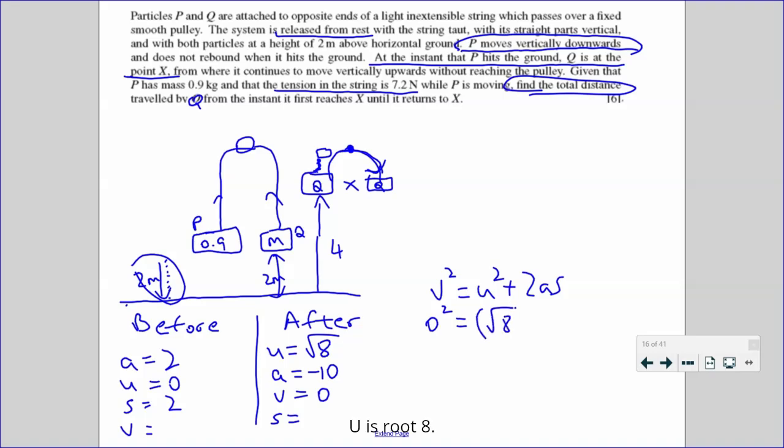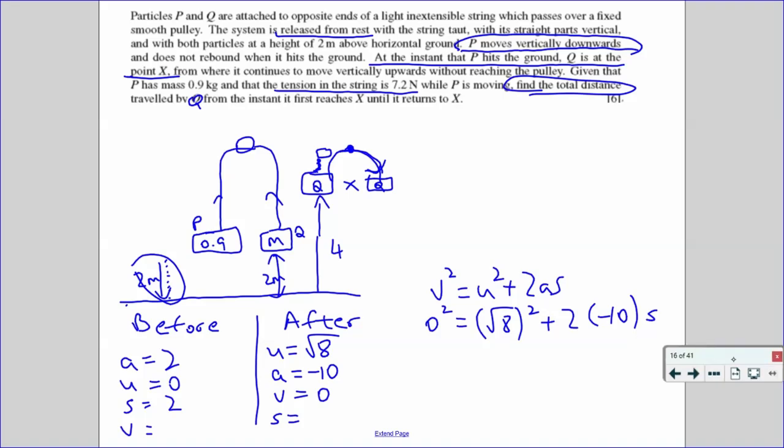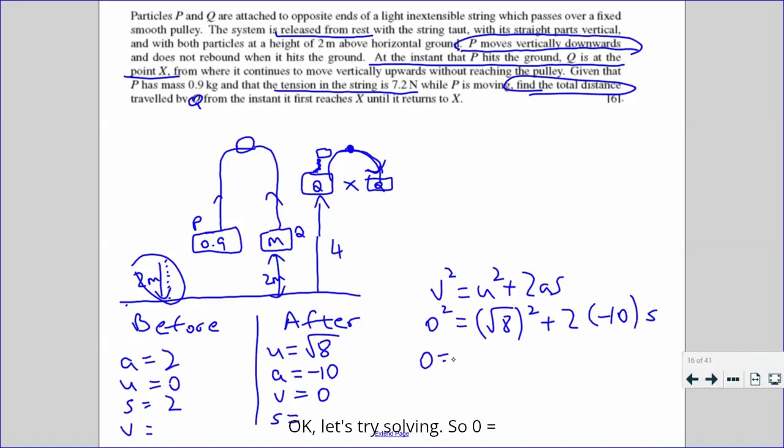U is root 8. Okay, let's try solving. So 0 equals 8 minus 20s, which means s is equal to 8 over 20, 0.04.